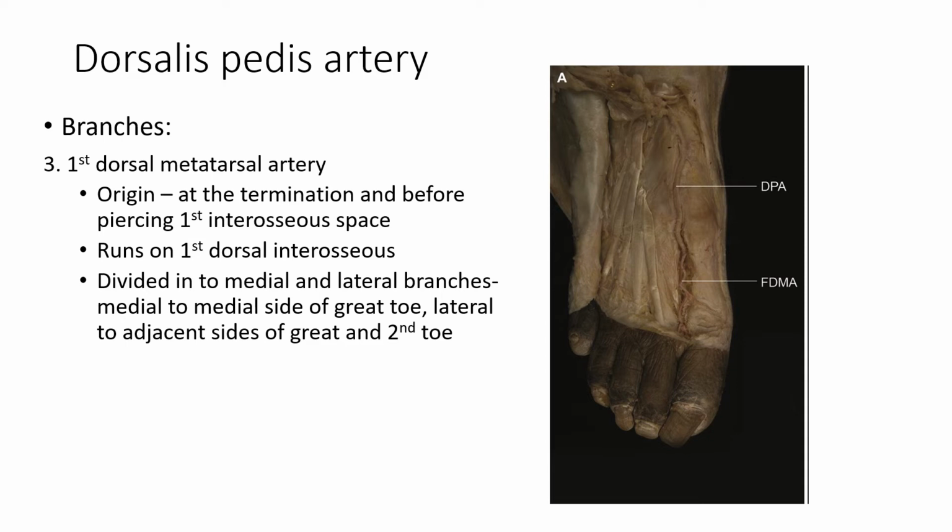This artery runs on the first dorsal interosseous muscle and divides into medial and lateral branches. The medial will supply the medial side of the great toe. The lateral will divide into two branches for the adjacent sides of the great toe and second toe. So these are the digital branches for the toes.